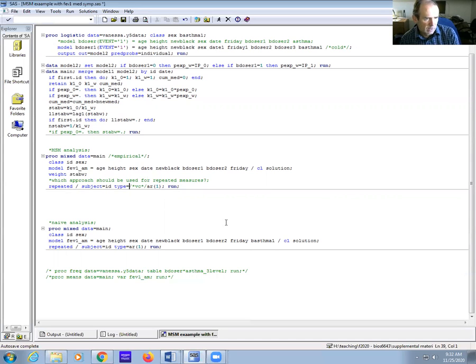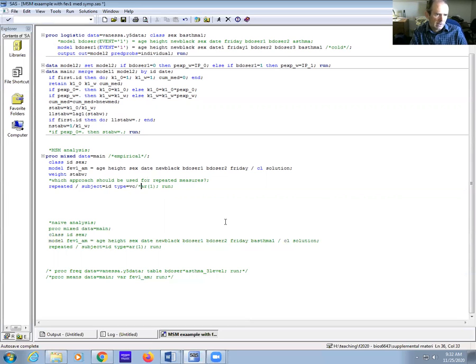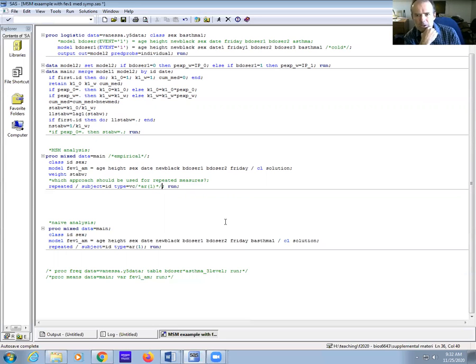So typically I would remove the AR1 and use variance components, which is going to allow us to estimate variances, but won't have any covariance parameters in the model. And to account for the fact that we're not using a correlation structure, we'd use an empirical approach for standard errors, which should be more robust to misspecifications of the correlation structure.